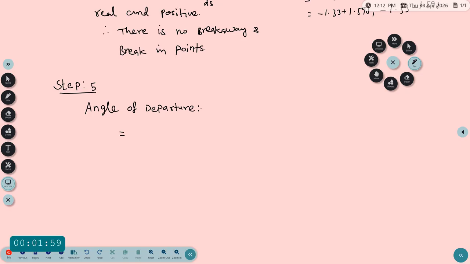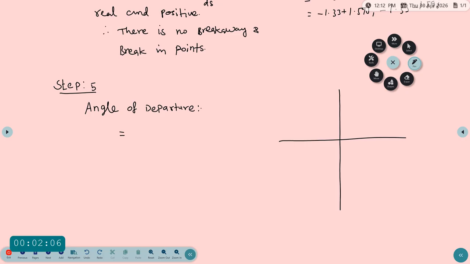So in this problem, we are getting two complex conjugate poles. I am simply drawing on this graph here. This is P1. Here we are getting P2, and here we are having P3. P2 and P3 are complex conjugate poles, so we need to identify the angle of departure at P2 as well as at P3.